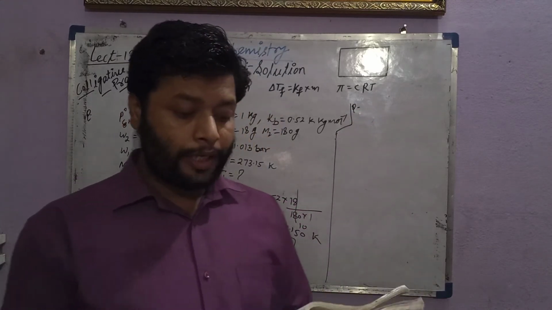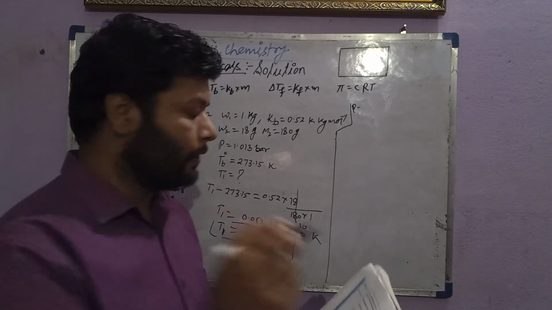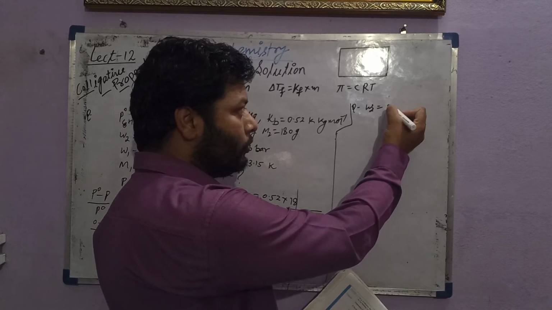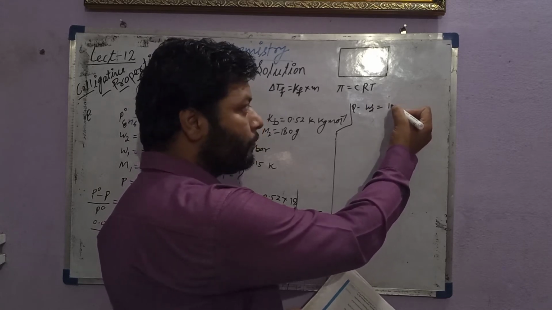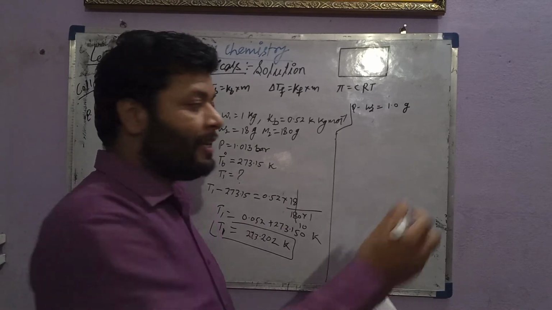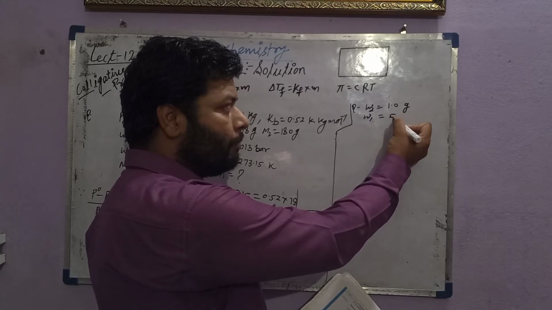1 gram of non-electrolyte solute dissolved in 50 gram of benzene. Non-electrolyte solute means W2 equal to 1 gram dissolved in 50 gram of benzene, which means the mass of solvent is 50 gram.